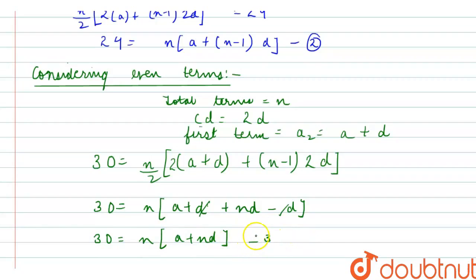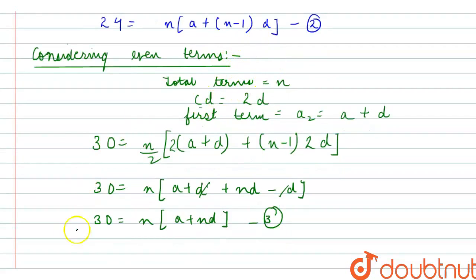Now equation 2 can be rewritten as 24 is equal to n into a plus nd, minus nd. Let us name it equation number x.